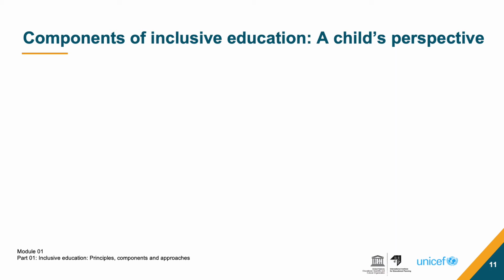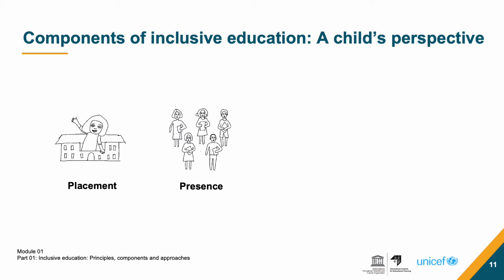Moving from a systems perspective to the perspective of the individual child, it may be helpful to think of inclusive education along the lines of these 4 components: the child's placement, presence, participation, and progress. Placement refers to the child physically attending a local inclusive school, contrary to a segregated or integrated environment where the child is not fully included.